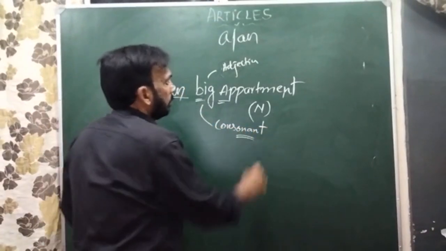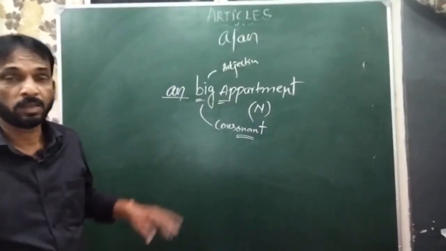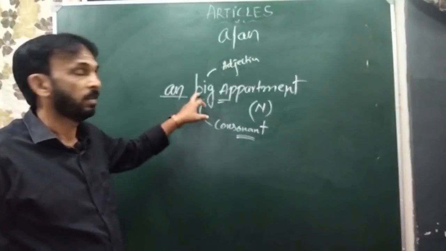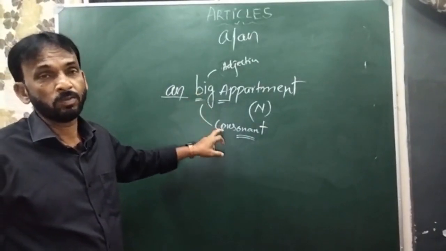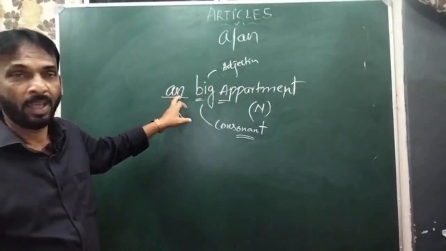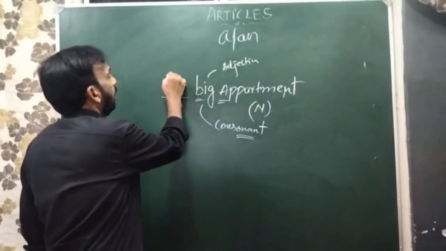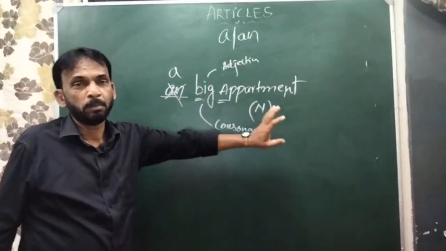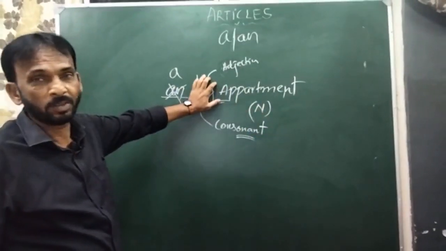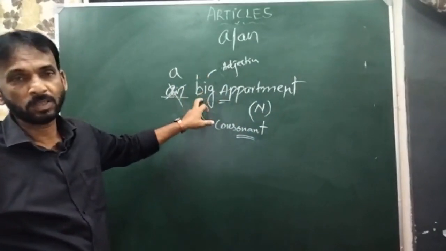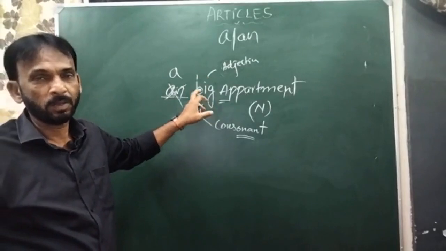So according to the first letter of the adjective, we have to choose the article. Here B is the consonant one, so here we should not write an, and we have to write a big apartment. Before, when big is not there, an apartment is correct. Now big is there, so the first letter we have to choose from that adjective.